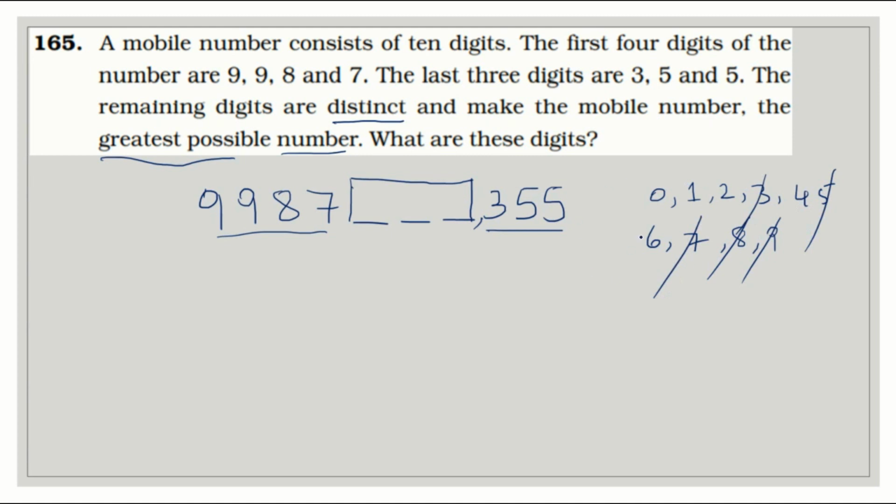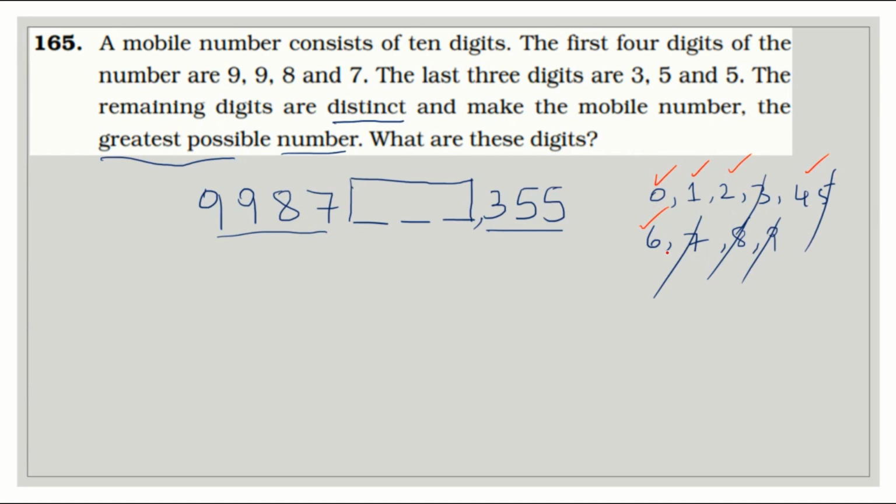So using the remaining digits, we need to form a number. Available digits are only 0, 1, 2, 4 and 6.